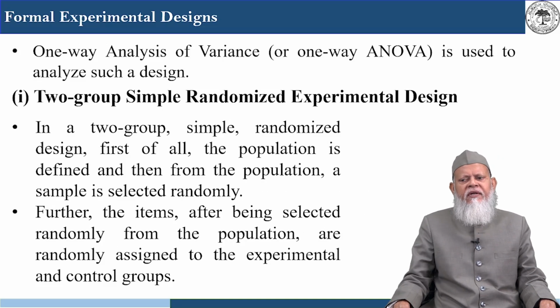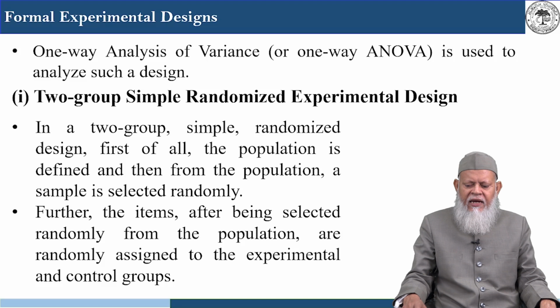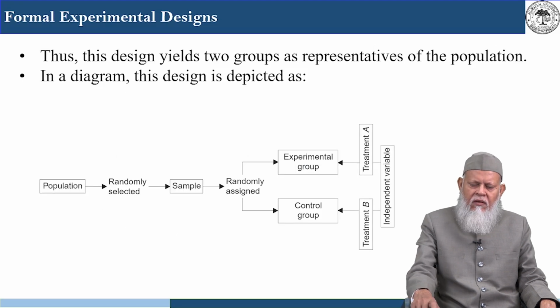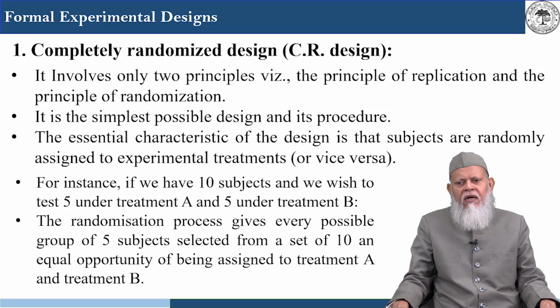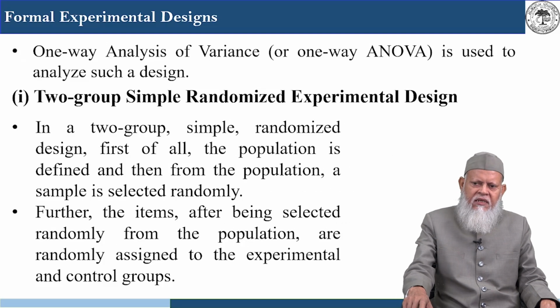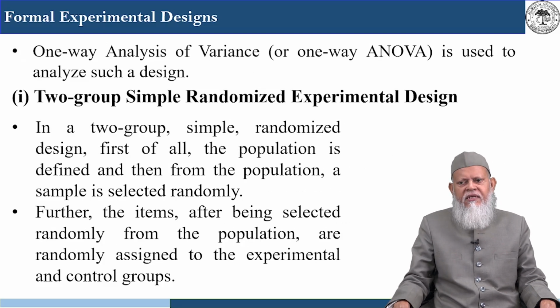The most frequent statistical analysis which is used in such a design, that is the completely randomized design, is the analysis of variance, one-way analysis of variance, or one-way ANOVA, which is the most appropriate technique to analyze such a design.